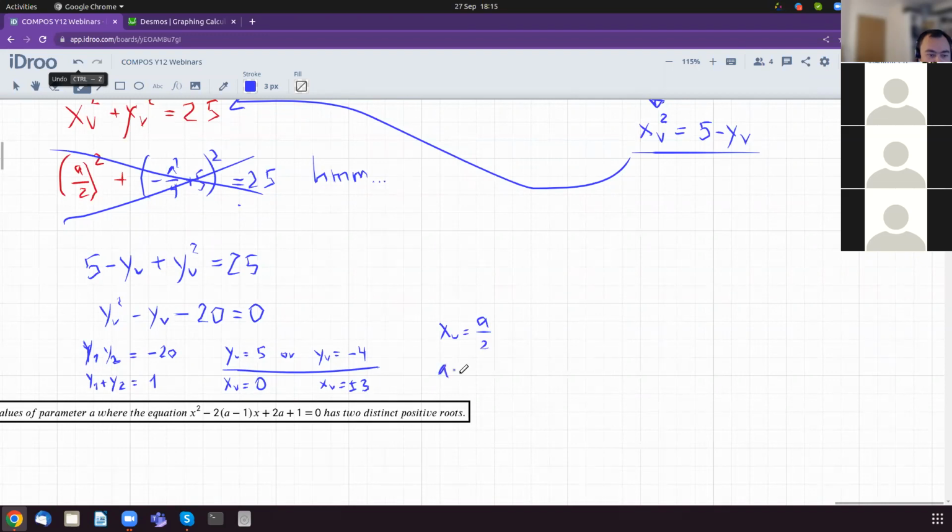So a is 2 x vertex. So the possibilities are a is 0, a is minus 6, and a is 6.